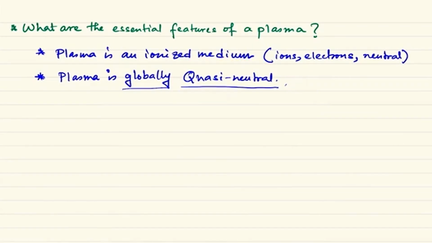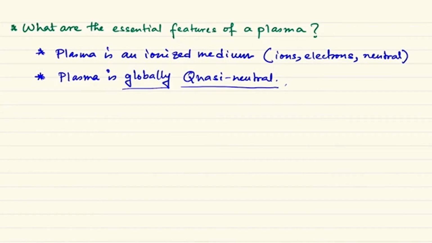You can now see the plasma as a kinetic ensemble, not of neutral gas molecules, but a kinetic ensemble of charged particles, ions and electrons. As we will see, after certain conditions plasma can also be treated as a fluid, but for the time being, just see it as a kinetic ensemble.